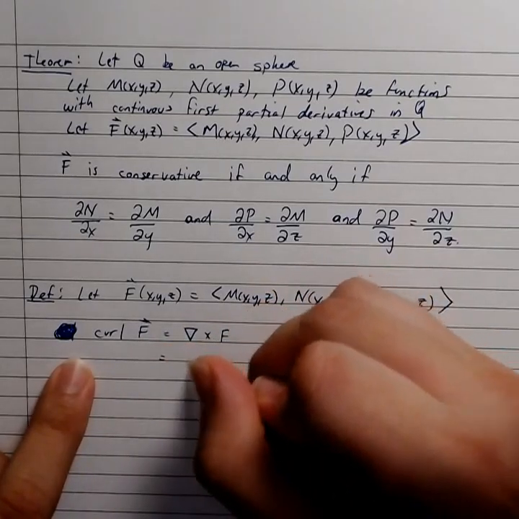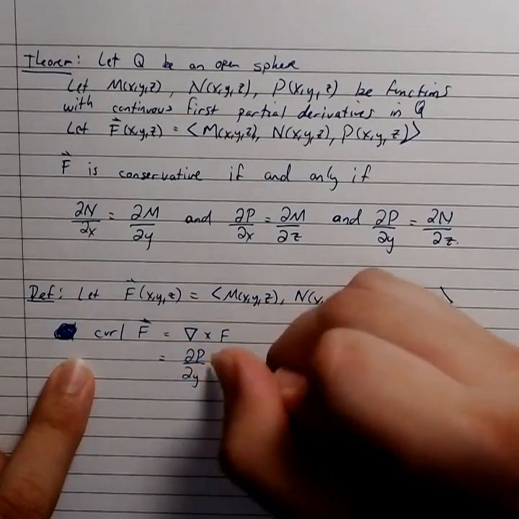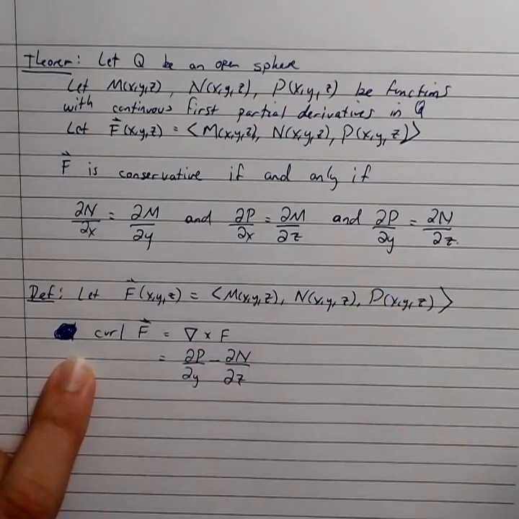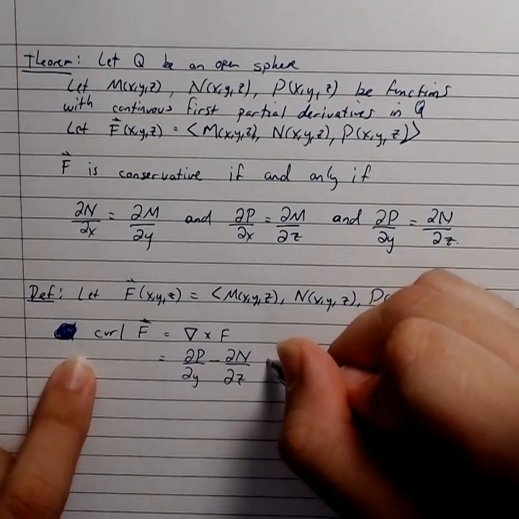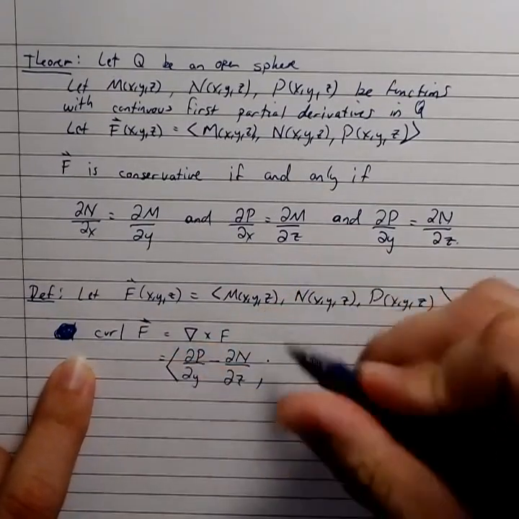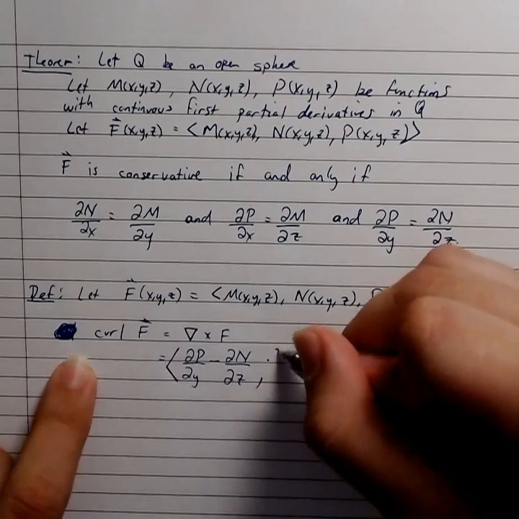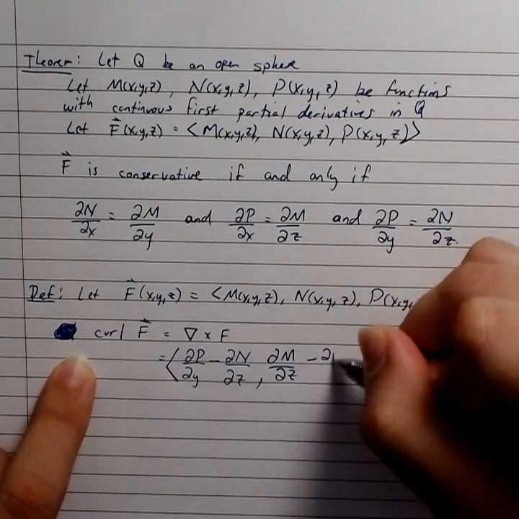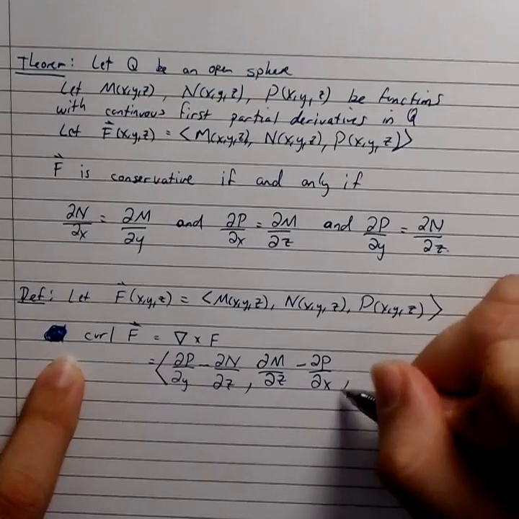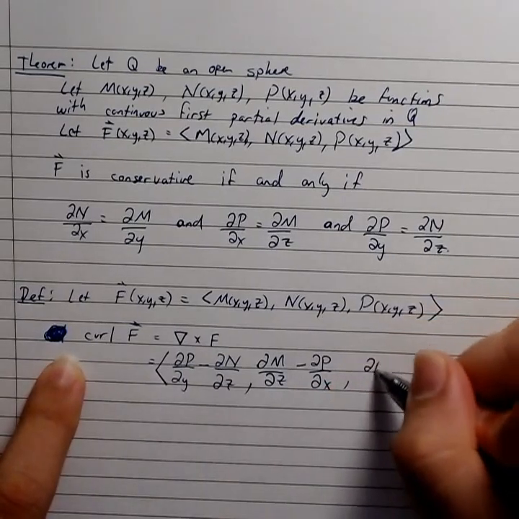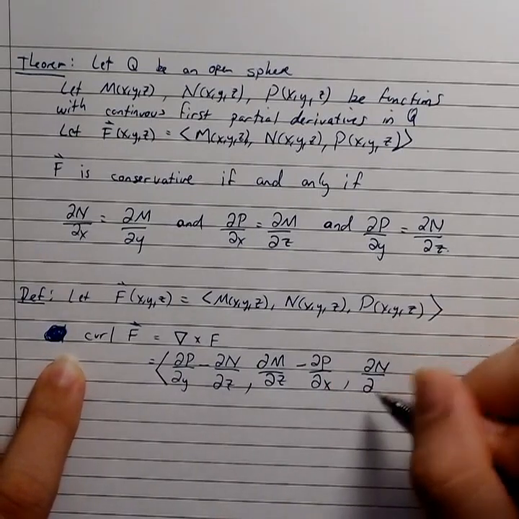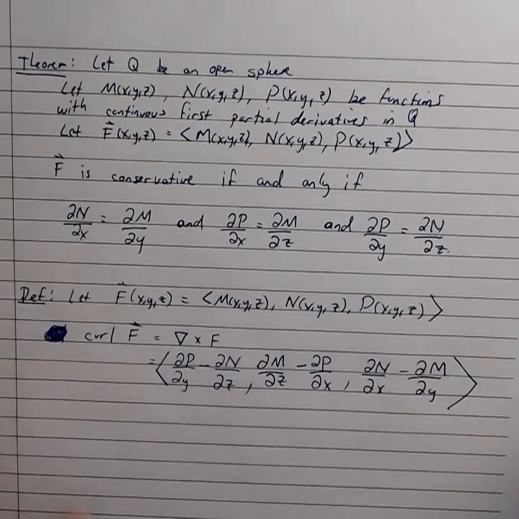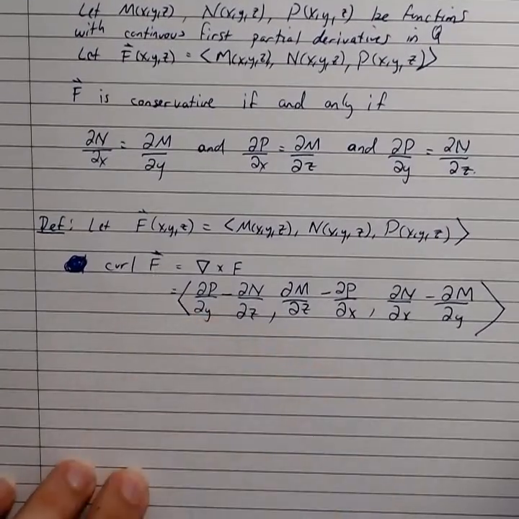That's going to equal del p del y minus del n del z, comma, del m del z minus del p del x, comma, del n del x minus del m del y. Okay. All right. This is the curl of f.